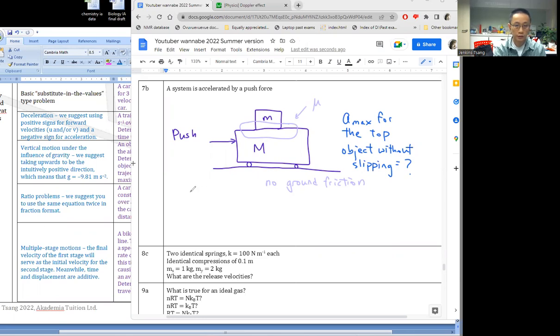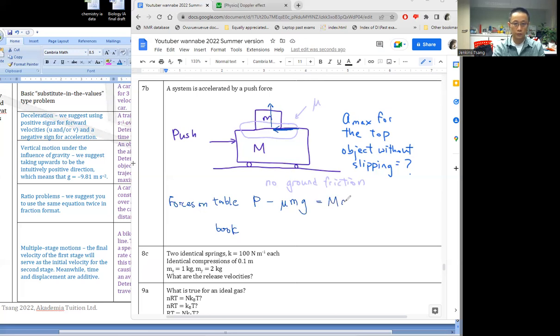What you can do is write two equations of forces, starting with the table with wheels. You have a push force acting forward, and you should have some backward-acting friction, which is μmg, because that's the reaction force between the two interfaces.